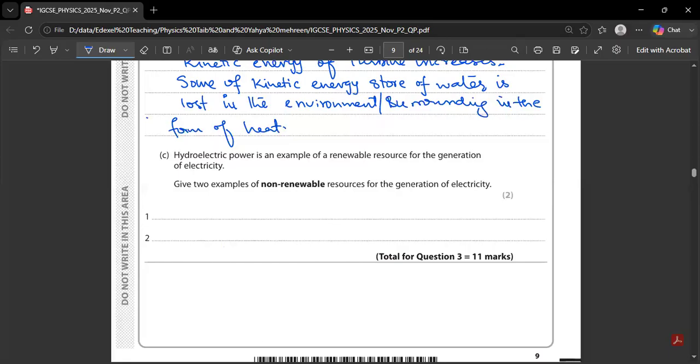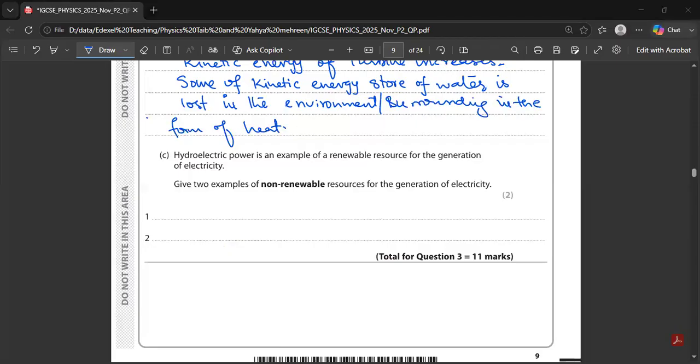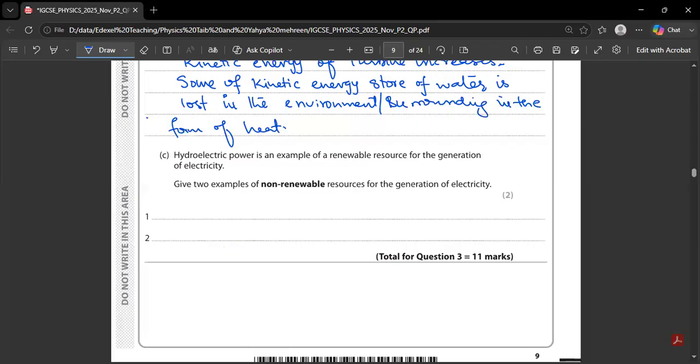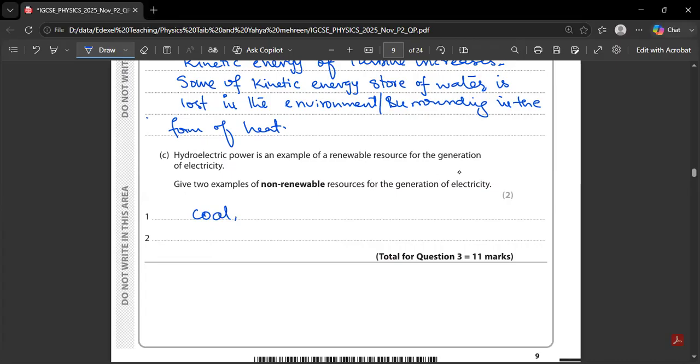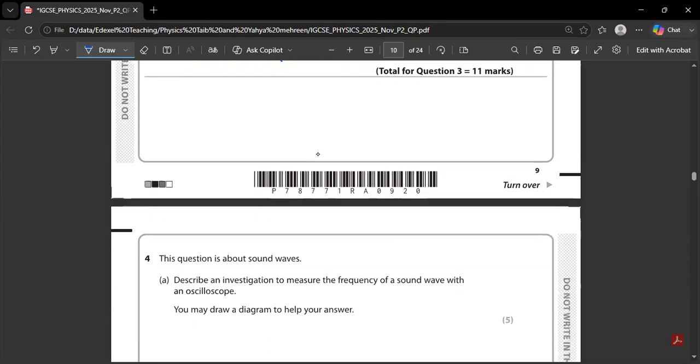Yes, coal and oil, fossil fuels, uranium, nuclear. So coal, gas, nuclear, or fossil fuels.